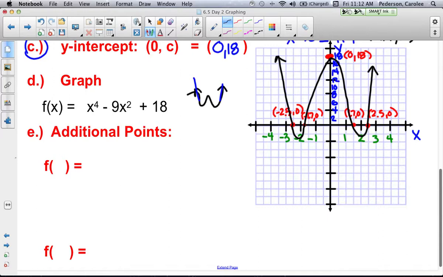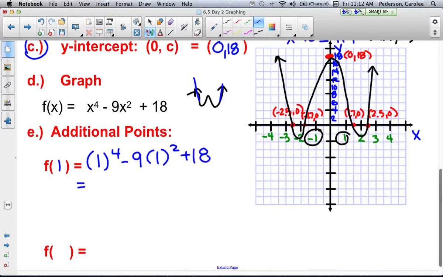So in this question, you most likely don't even have to substitute any values in for additional points. But if you're a little bit nervous, maybe go ahead and substitute negative 1 or 1 into the function. So if you wanted to evaluate f of 1 to make sure that that is a point above the x-axis, you say 1 to the 4th minus 9 times 1 squared plus 18.